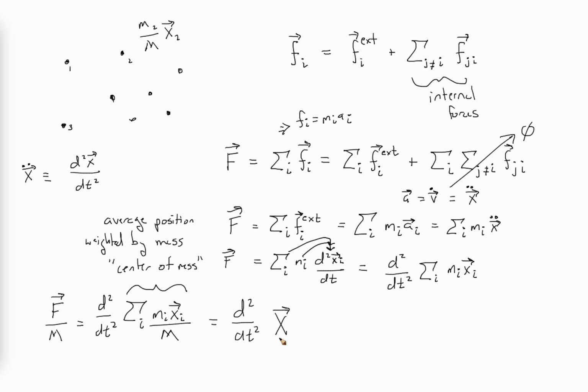We can think of this as being the position of the entire system, and that's called the center of mass. Now we can do exactly the same thing. We've got a second derivative of the center of mass, d2X over dt squared. That is simply the center of mass double dotted, or that's just the acceleration of the center of mass. So that is an acceleration, and what we see is that at the very end of this whole thing we can rewrite it as F is equal to m times a.